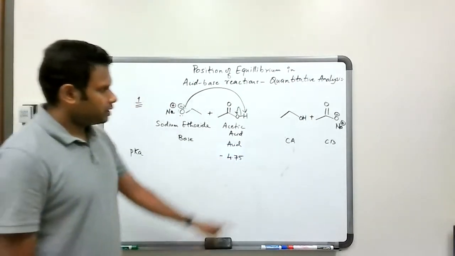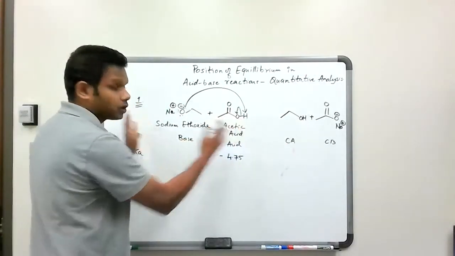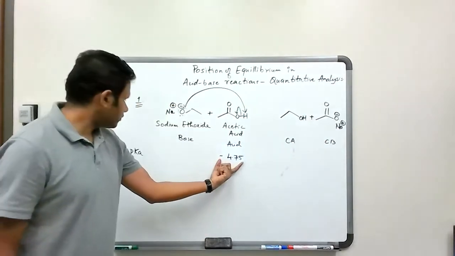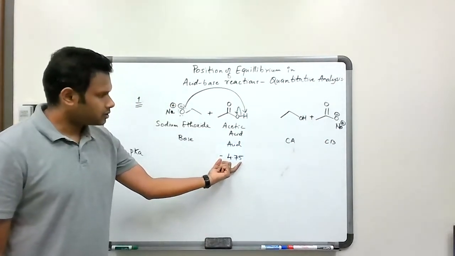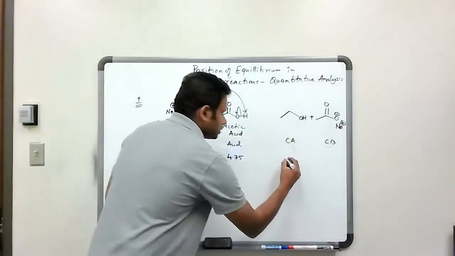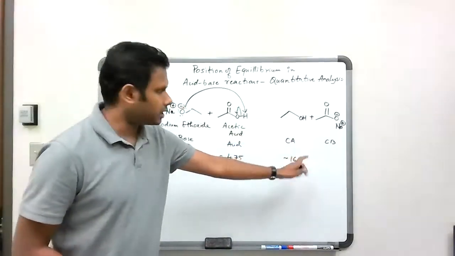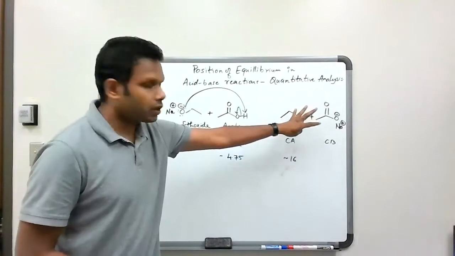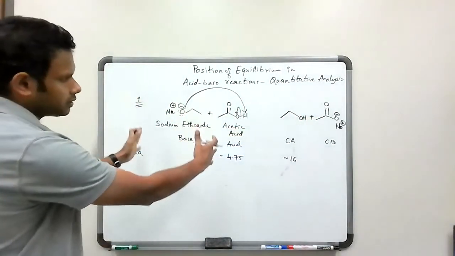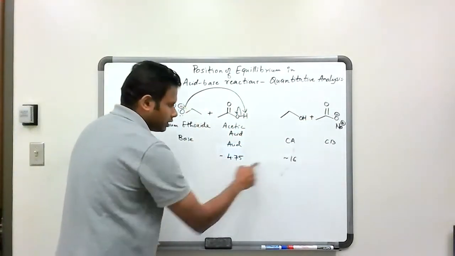There is one acid on the product side, and the pKa value for this molecule is around 16. The other molecule is a base, so we won't talk about a pKa value for that. But now we have the reactant side and the product side, and we have two pKa values.